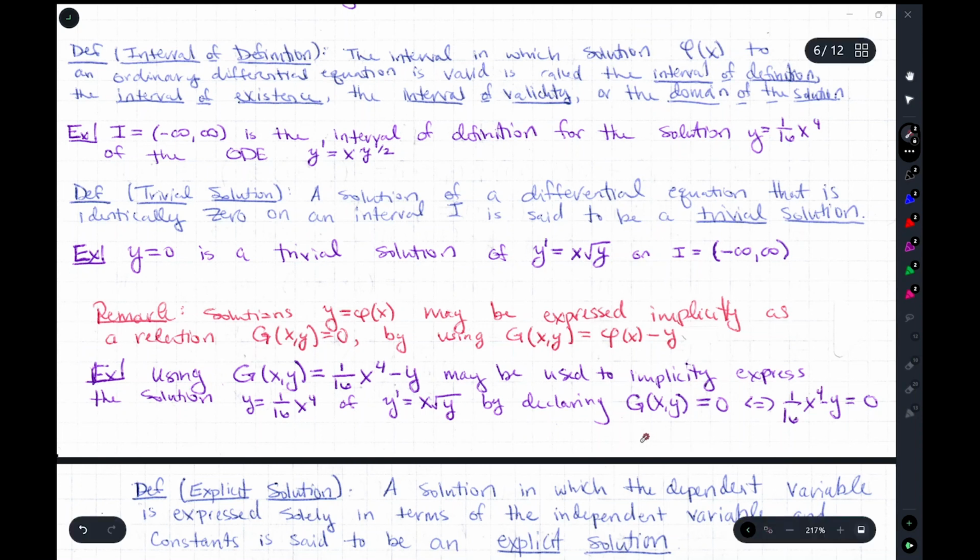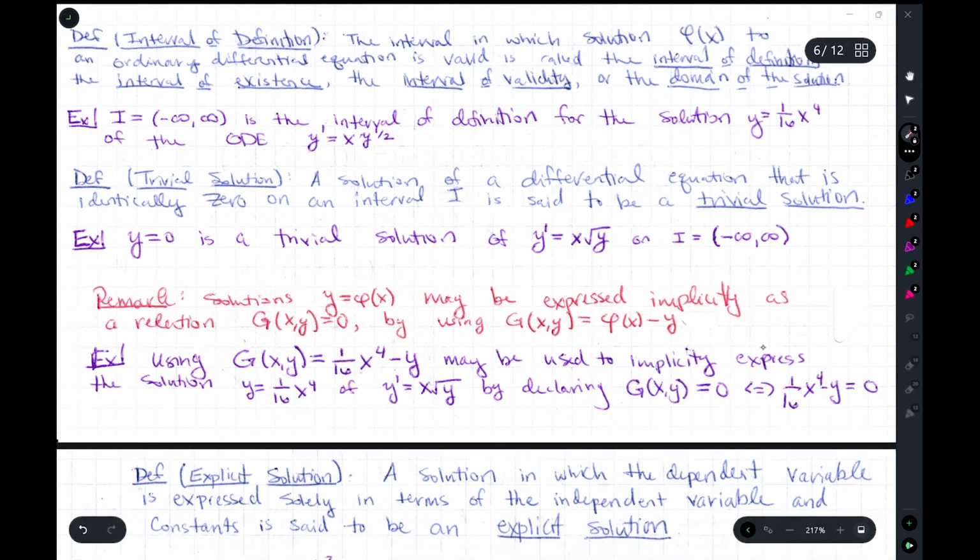And so this is very helpful, because whenever you have a function of two variables and you set it equal to a constant, what you're getting is basically a curve. Sometimes there's never a solution, or the solution is a point, but in general it's a curve. And so sometimes we're going to be forced to express our solutions to differential equations implicitly.